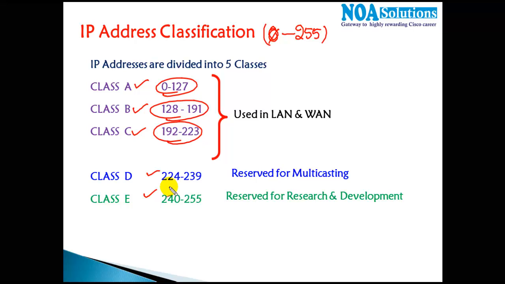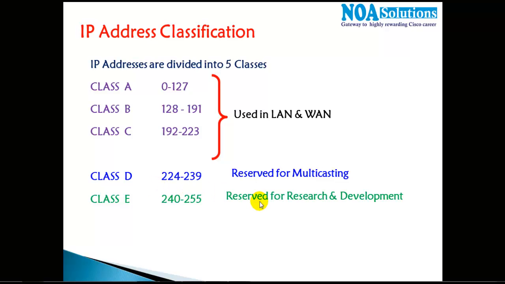So the first thing, whenever you see any IP address, you should be in a position to identify the class. Let's take an example to identify the class. I'm going to take one example here, 172.16.10.10.